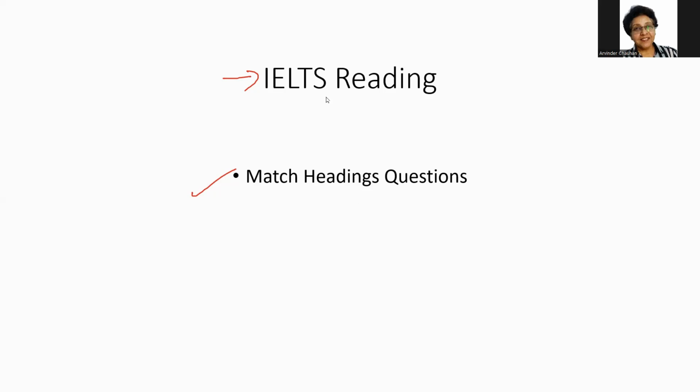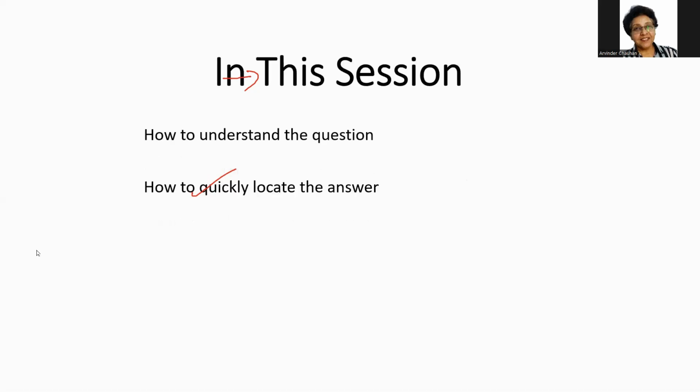So let's get going. In this session, we're going to look at how to understand the questions, how to quickly locate the answer, and also a little bit of time management. It is very important for you to manage your time because you get only 60 minutes.